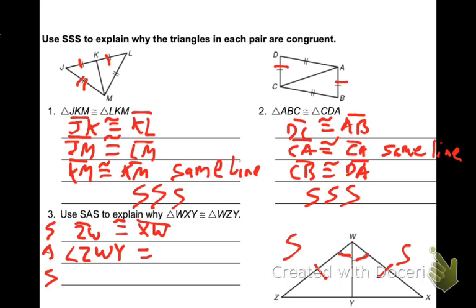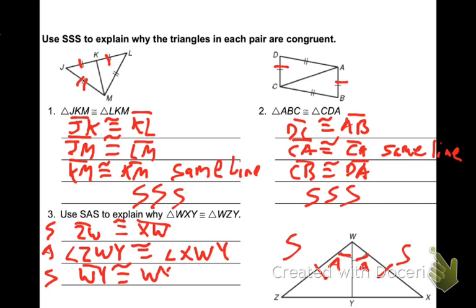What's the other angle that ZWY is congruent to then, Tina? Good. Angle XWY. So that is my angles. So I have SA now. And what's my last side I know to be congruent, Tom? What's WY congruent to?